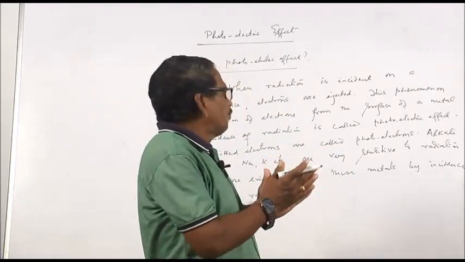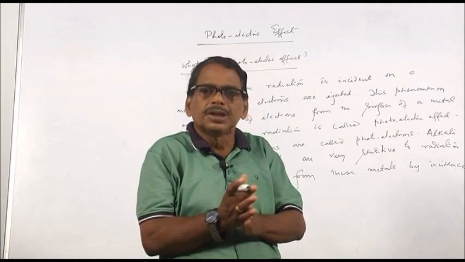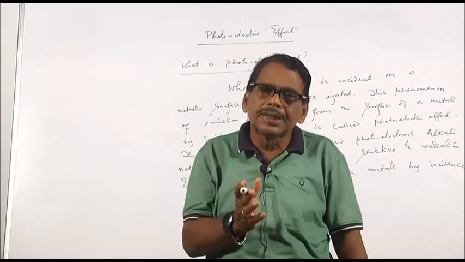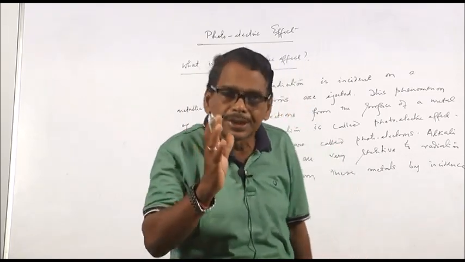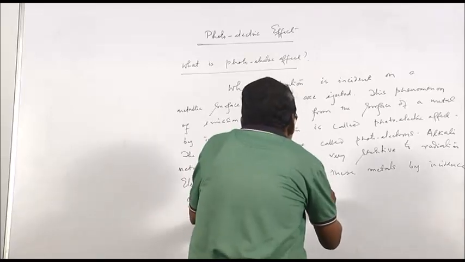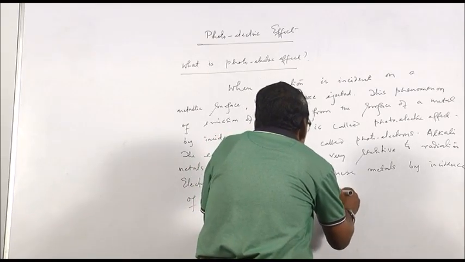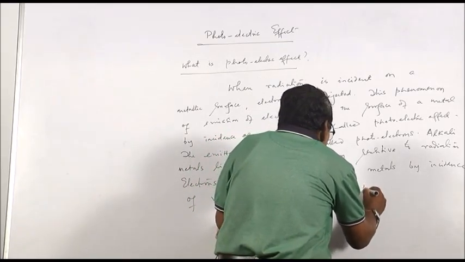If a potential difference is applied to the emitted electrons, a current is produced in the circuit. That current is called photoelectric current.